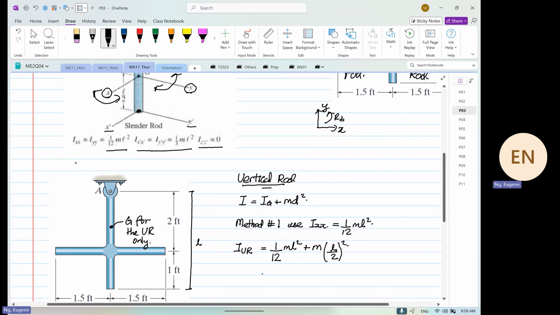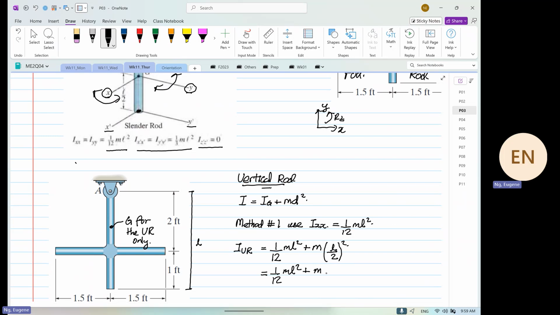So you get 1/12 ML squared plus M L squared over 4, and this will become ML squared over 3.